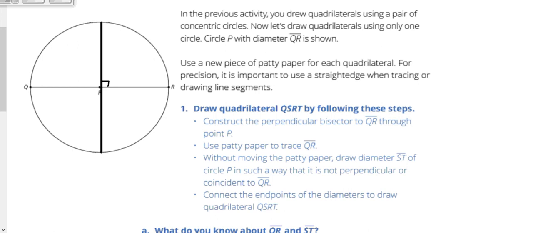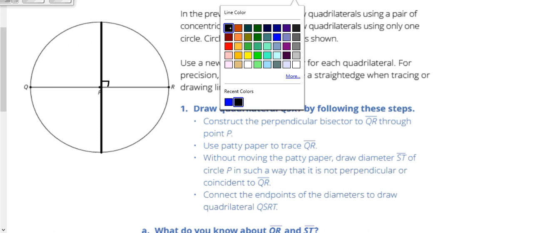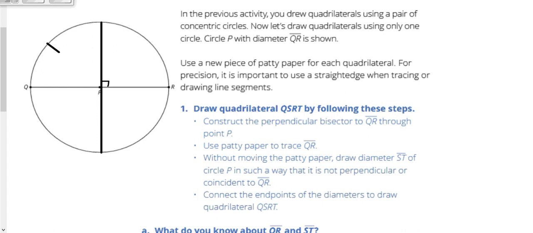Okay. All right, now we need to draw one through it that is not perpendicular, a diagonal that is not perpendicular. So we're just going to draw one through here like this.